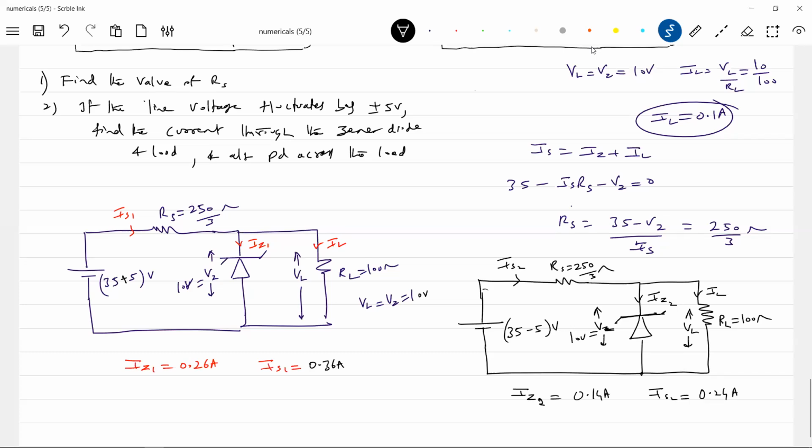No, no, IS3, how much? Anybody, the value of IS2? 0.24.